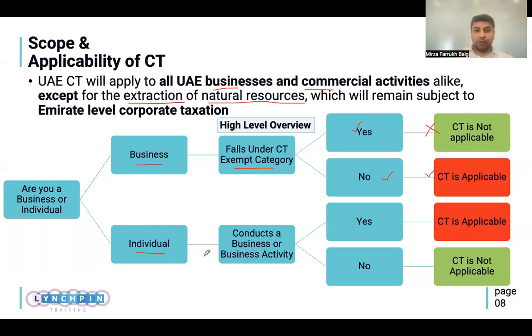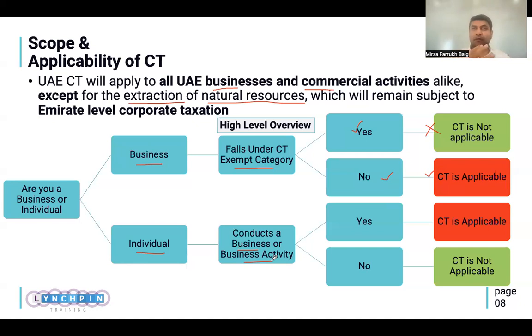If you are an individual and you conduct a business, of course, you have incorporated a business in your own name, or you are conducting a business activity. So it's very interesting that you are an individual and you are just conducting a business activity. You may not be having a license up till now.